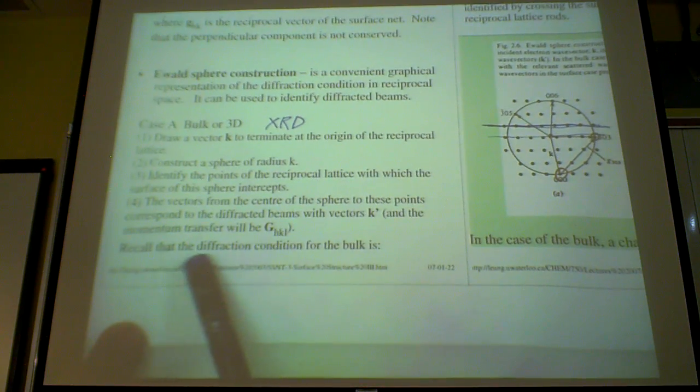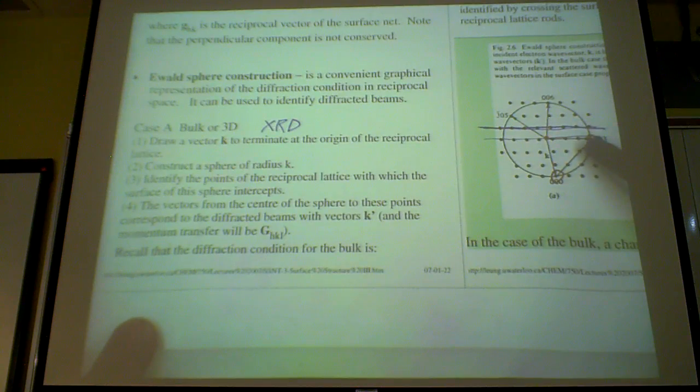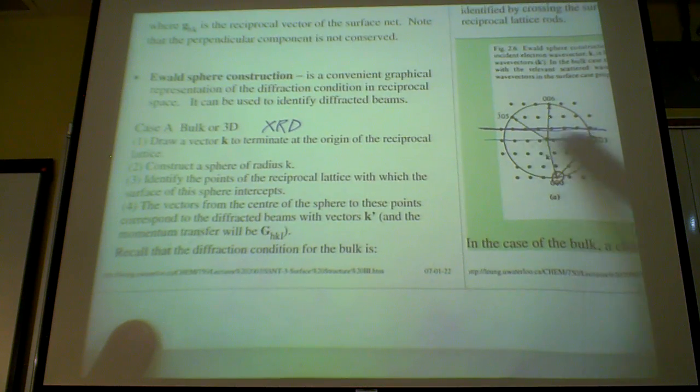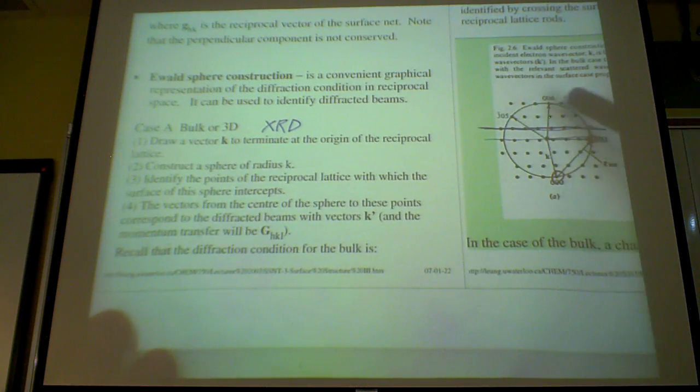So here we call it diffraction, and the reason why it works is the following. If I have one spot here, and I have another beam here, then these two spots must be related.